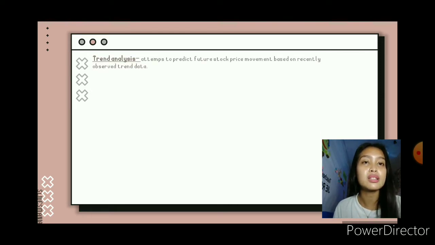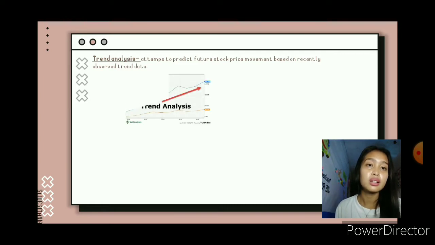So trend analysis attempts to predict future stock price movement based on recently observed trend data. So this trend analysis, as you can see in that figure, will help us point out data points over a given period of time.